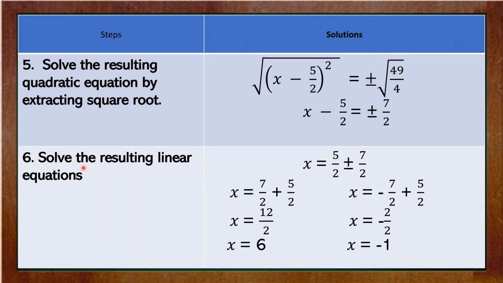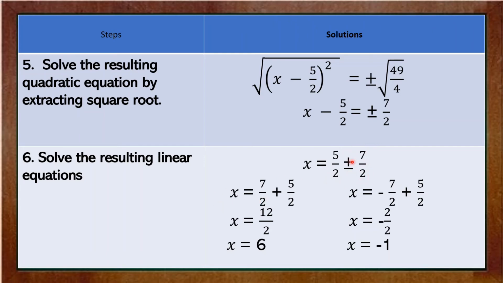Step number 6, solve the resulting linear equations. So x is equal to 5 over 2 because you need to transpose negative 5 over 2 to the right side. So it becomes positive 5 over 2, positive or negative 7 over 2.